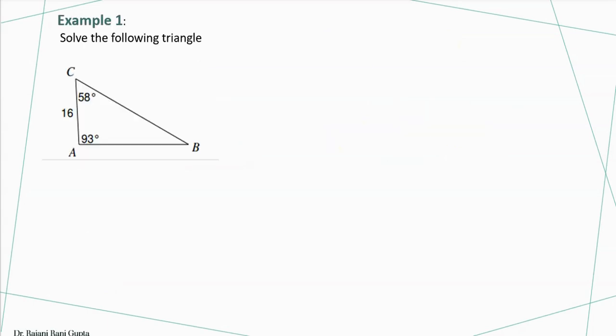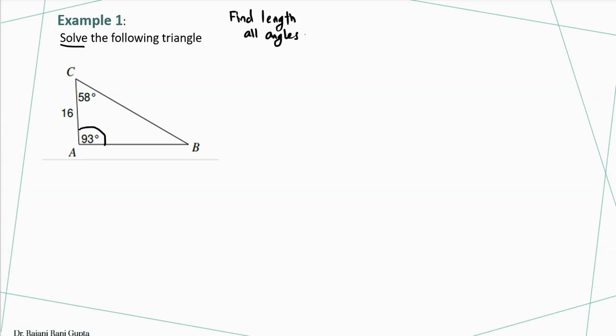So they gave you this: solve the following triangle. When they ask you to solve, it means find the lengths of all sides and find all angles. Okay, so in this case, they have mentioned the numbers 93 degrees and 58 degrees. So what does it mean?